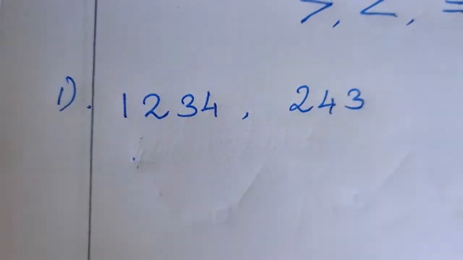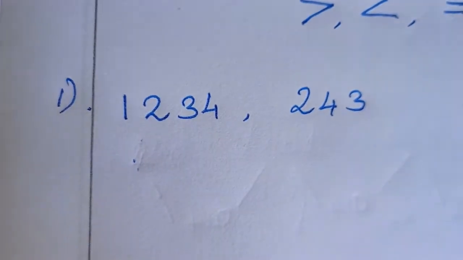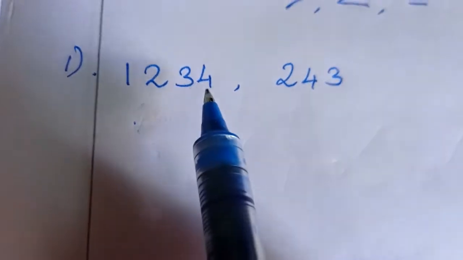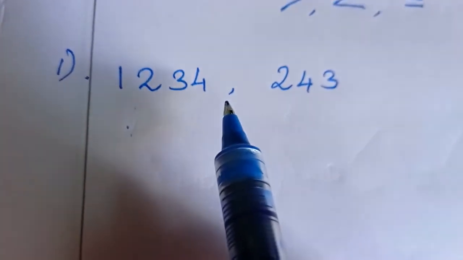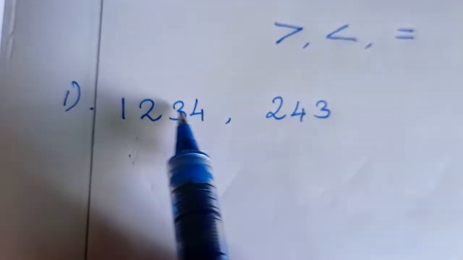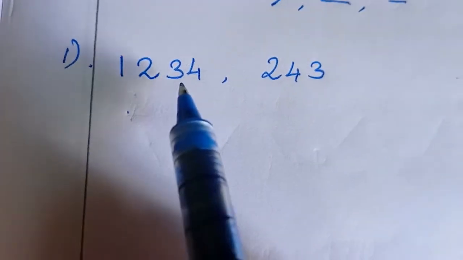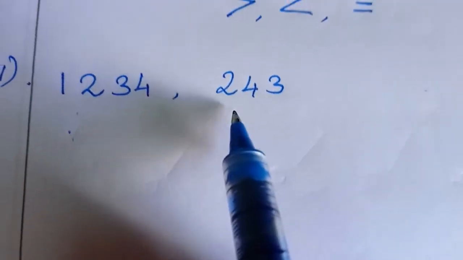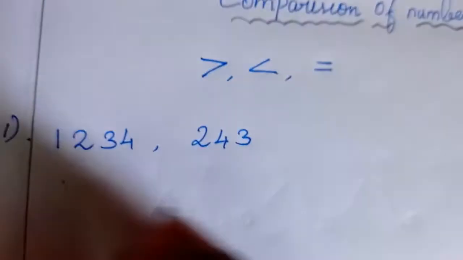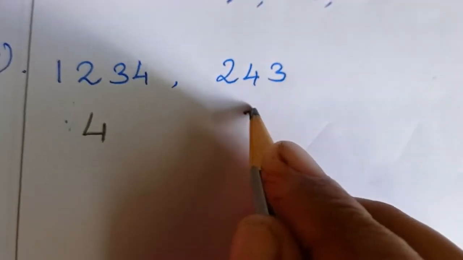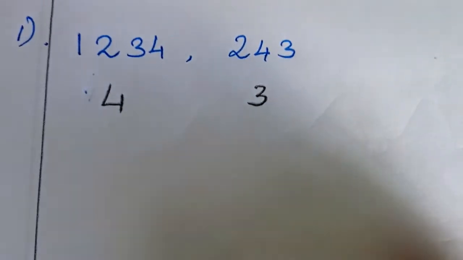So children, to compare two numbers, you have to follow two steps. First, find the number of digits in the first number. Count it: 1, 2, 3, 4. So the first number has 4 digits and the second number has 3 digits.